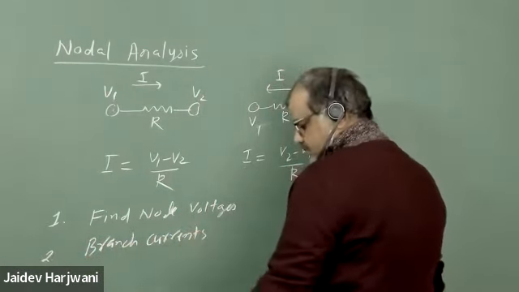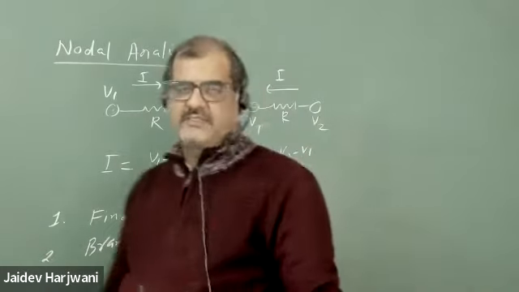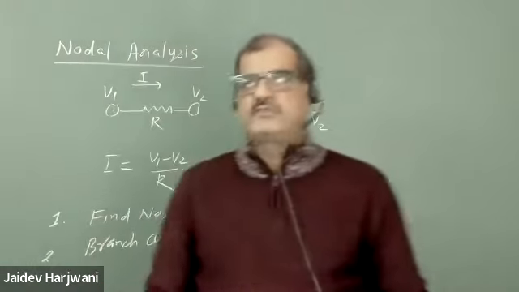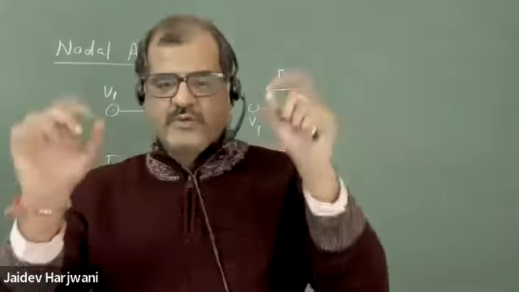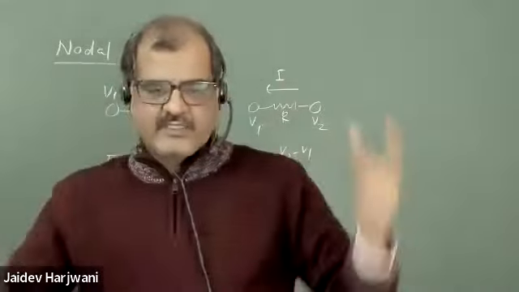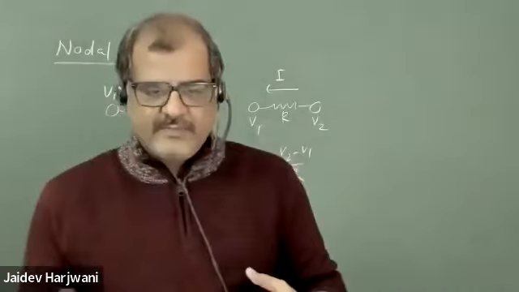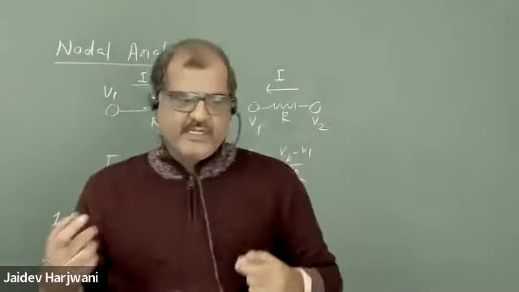The main aim of network analysis is to solve the circuit for voltages and currents. If I know the voltages of the nodes, I immediately know the voltage drop in any branch and the current flowing in that branch.